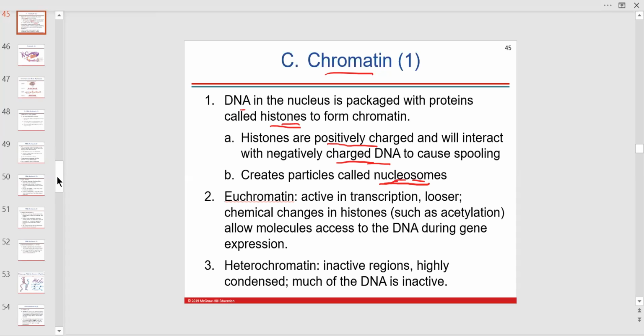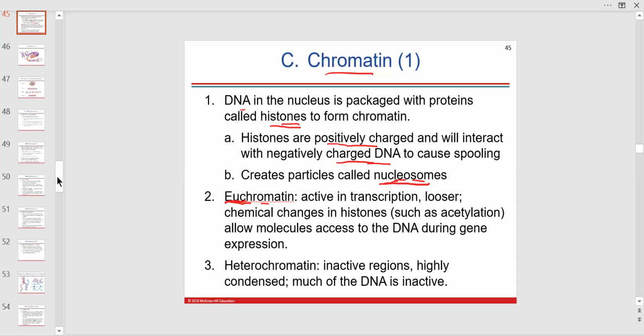So euchromatin, you usually mean like EU, usually responds to self or familiar or like or normal. Sometimes it's normal. It's perceived as normal. So the chromatin, which is DNA, is active in transcription.